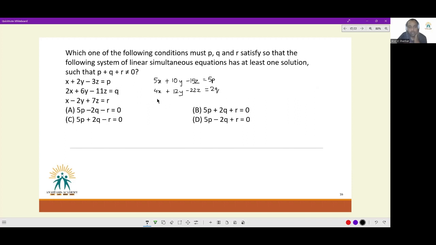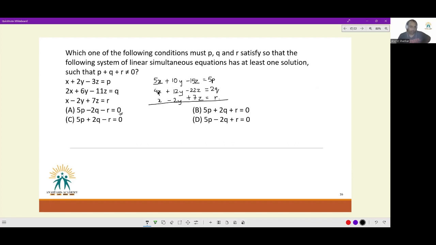And R is given as x minus 2y plus 7z is equal to R. Now, I simply have to see what sort of relation do I put between them so that I get 0 everywhere. Here I have 0. 5P, something interacting with Q, something interacting with R, I'm getting 0. Here also I should be getting 0.